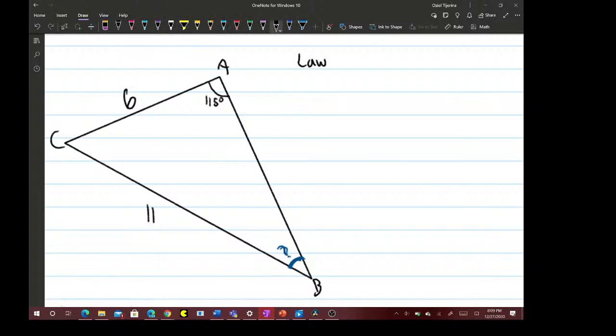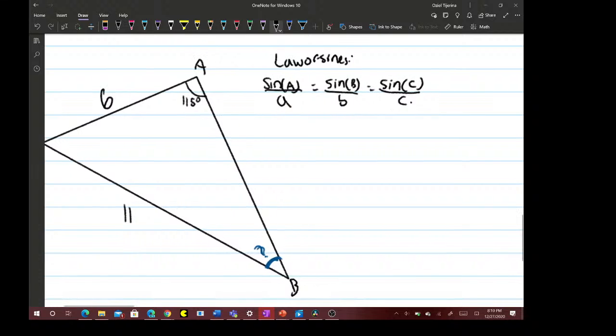Law of sines can be sine of A over A, which equals sine of B over B, which equals sine of C over C. And this is one formula, by the way.